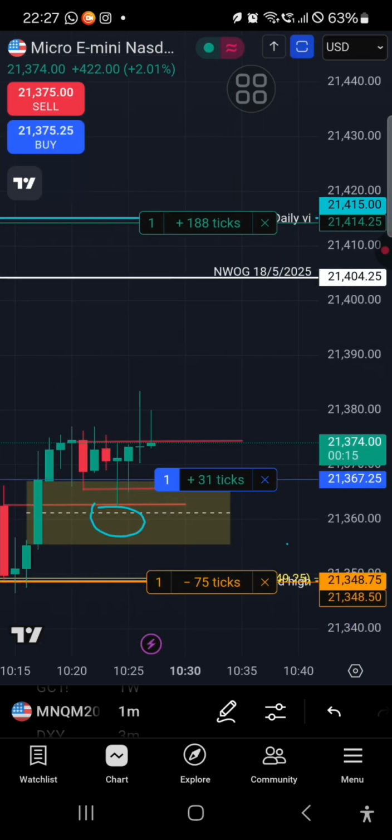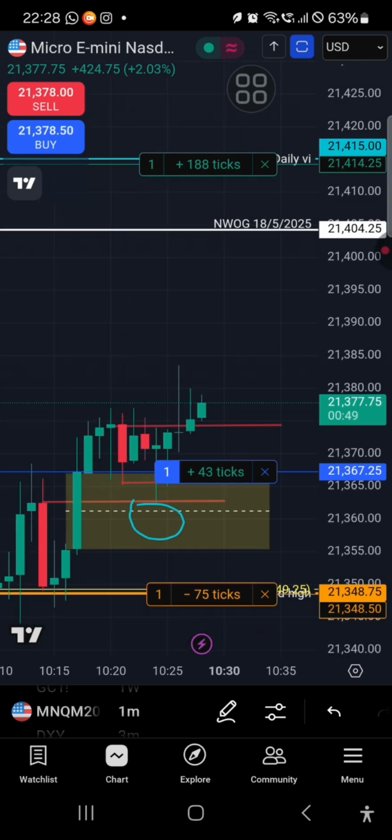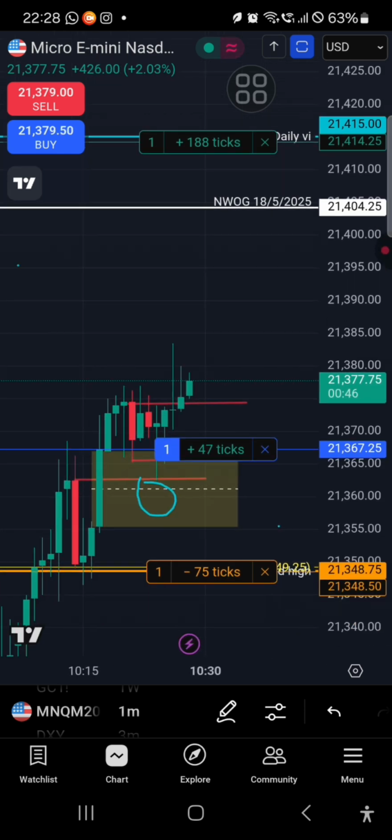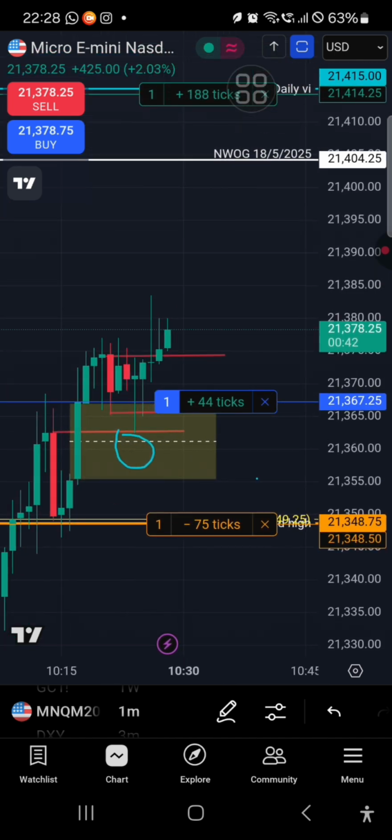See how we wick up like that. But I'm really looking for a candle to close above now. It's Tuesday, the next day after bank holidays, that's why the price action can be like that. Considering it already has moved quite a nice move, which is why I decided to take the long.